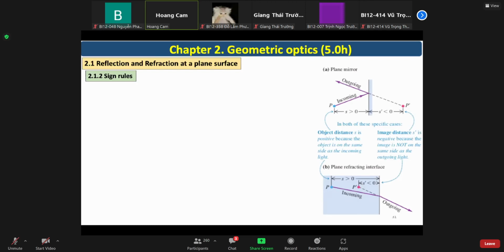And for that, the radius of curvature also can have a positive or negative sign for the concave and the convex spherical surface, for example.